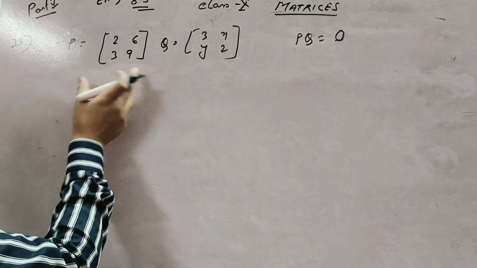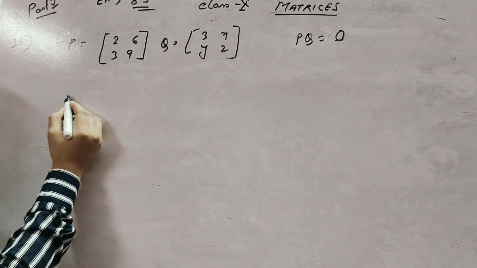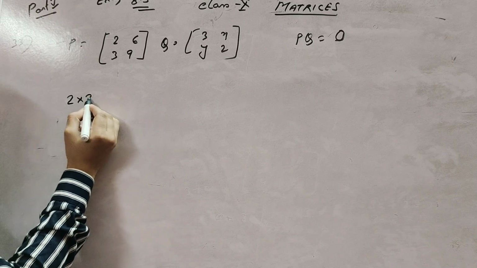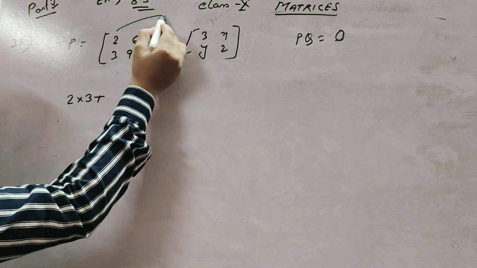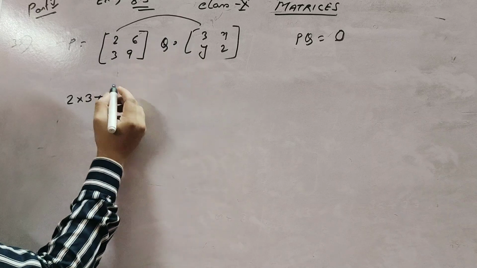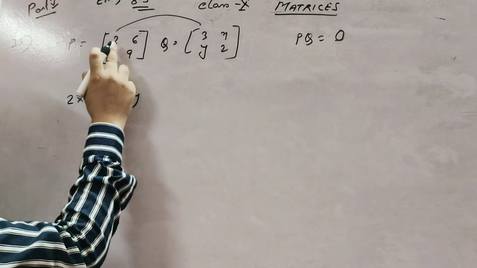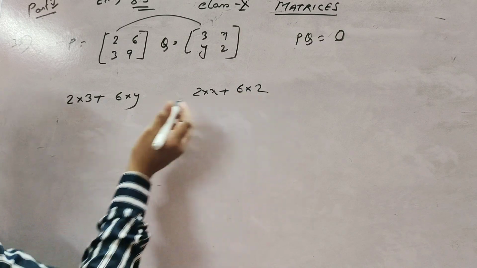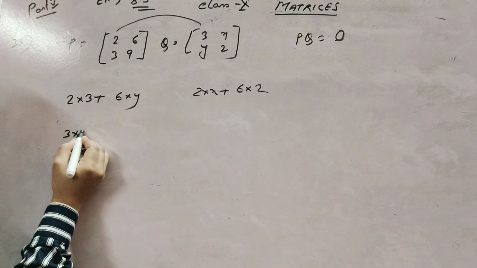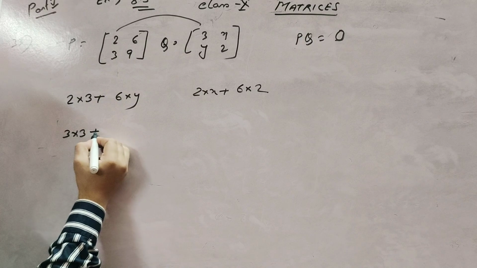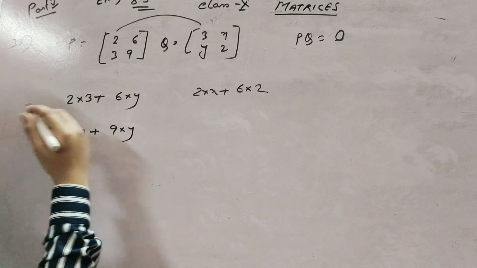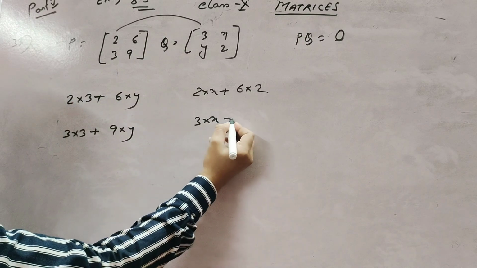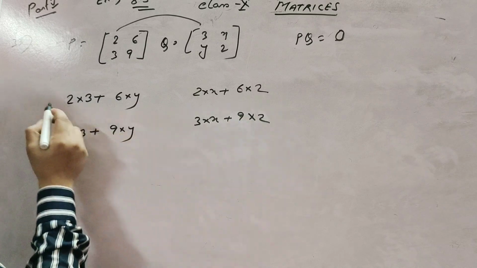Okay. So first of all we multiply PQ, that is 2 into 3 plus 6 into y, again 2 into x plus 6 into 2, now 3 into 3 plus 9 into y, 3 into x plus 9 into 2.